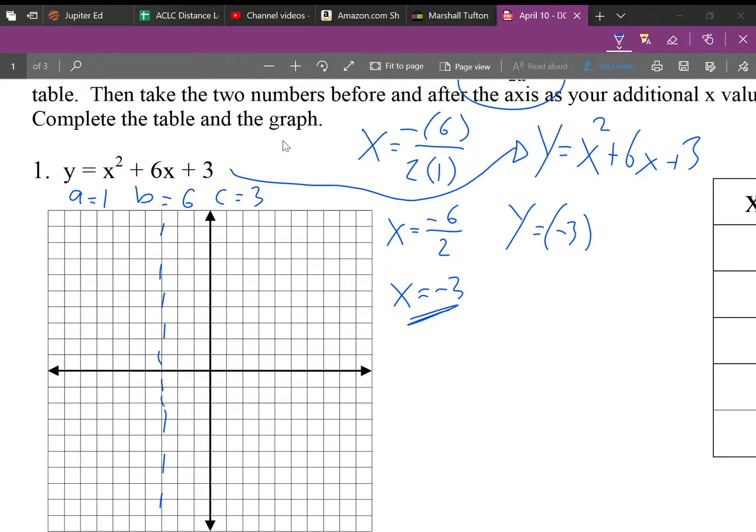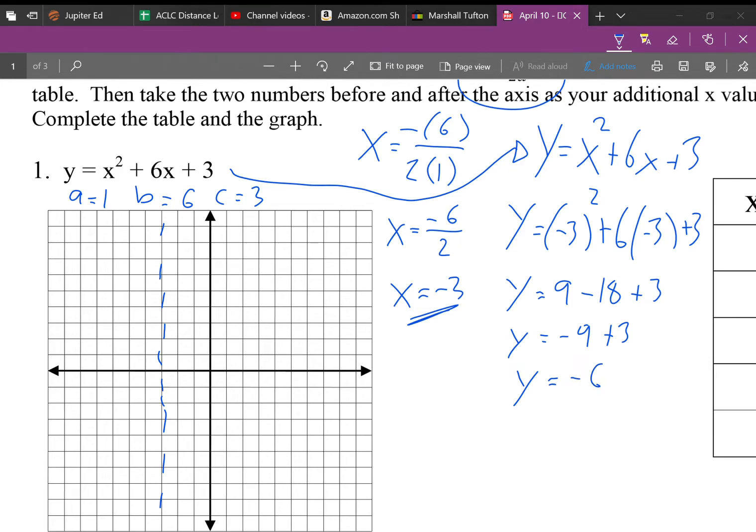Negative 3 squared, and 6x becomes 6 times negative 3, and I still have the plus 3 at the end. Negative 3 squared is positive 9, 6 times negative 3 is negative 18, plus 3, that becomes negative 9 plus 3, which is negative 6.